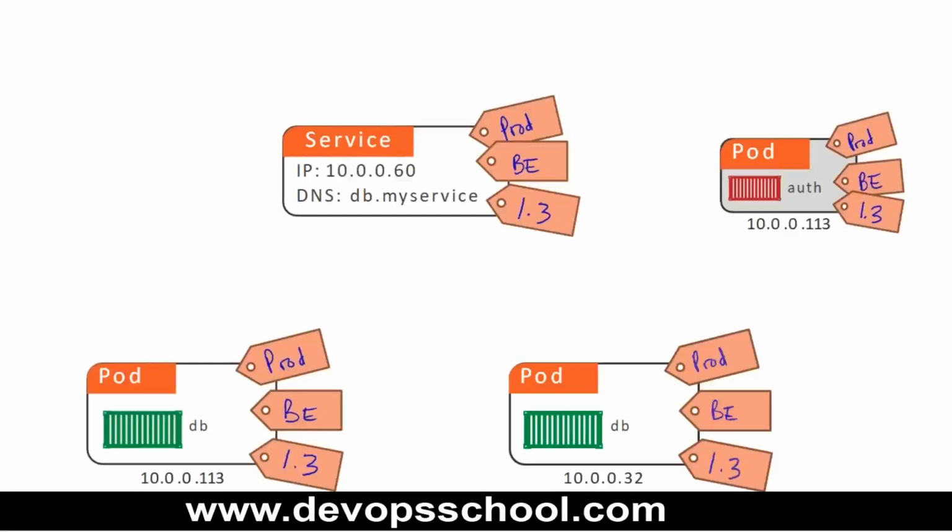Because the labels are wrong. You labeled auth with prod B 1.3, which is bad.